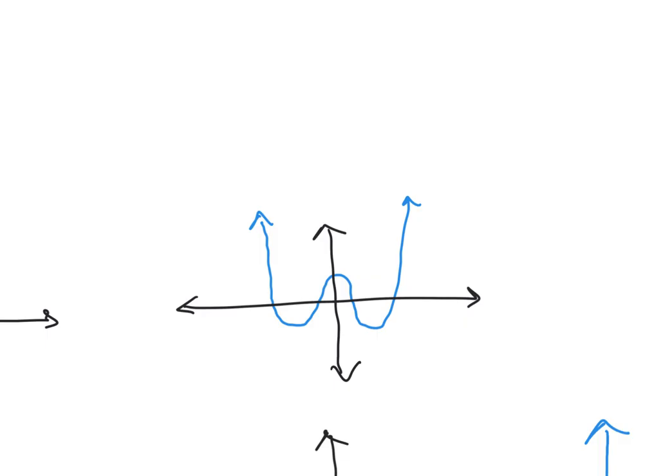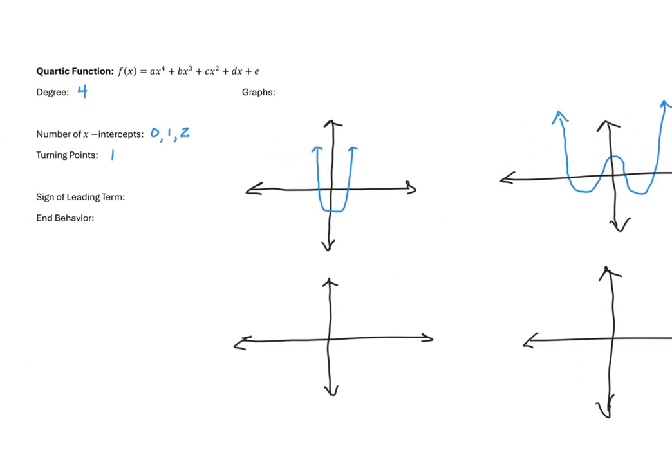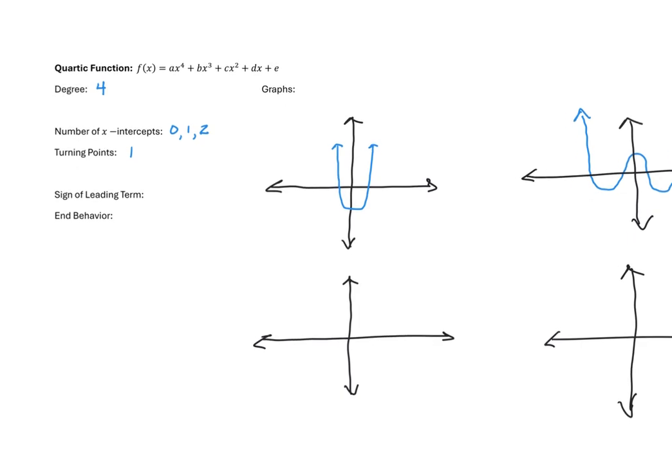So for this configuration, we saw that we could have 0, 2, 3, and 4 x-intercepts. For this example, we also had 3 turning points.